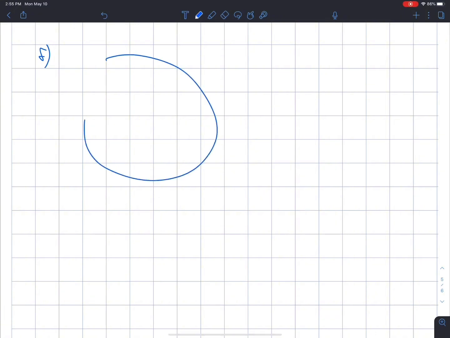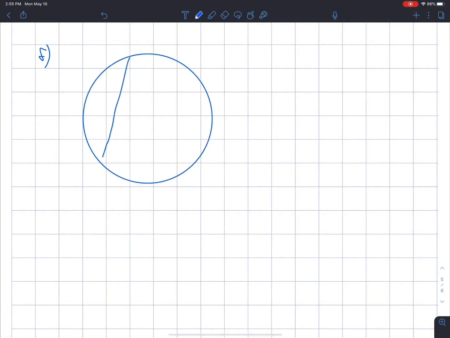F. So we were told that these are angle 1. We know that vertically opposite angles are the same. So if two of the angles are the same, then the last remaining angle must also be the same.